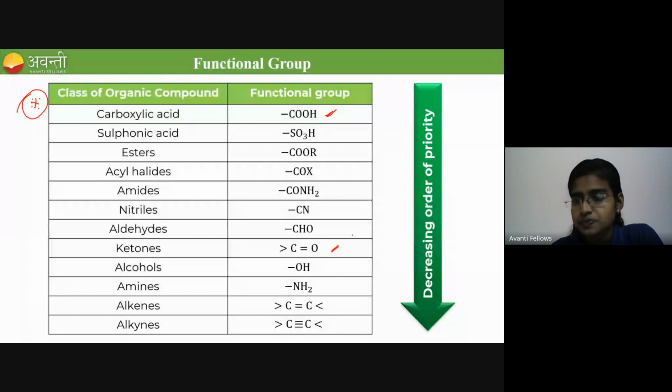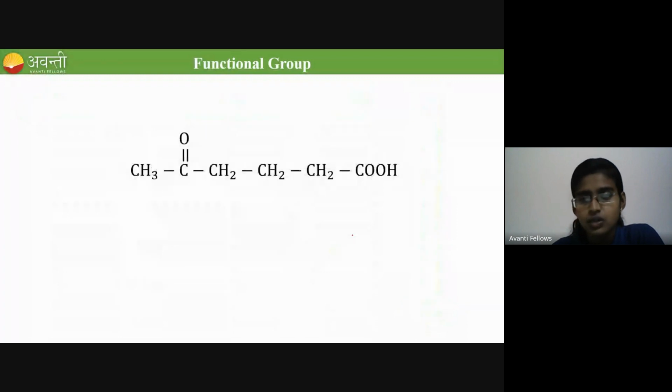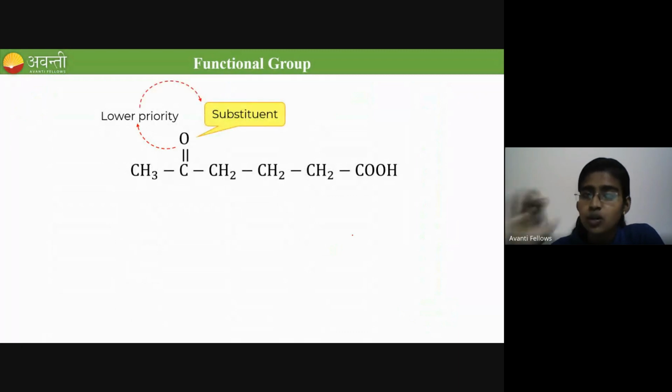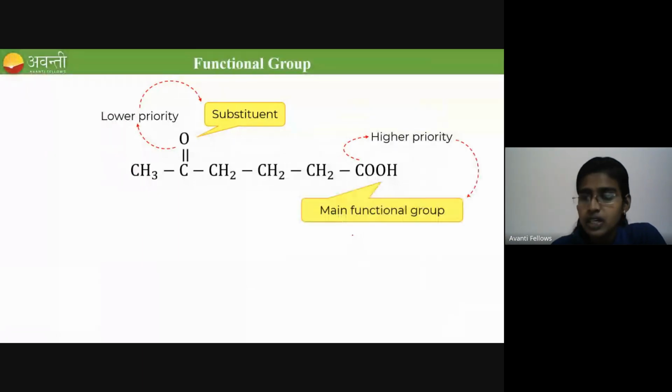Okay. So now the ketone is getting the lower priority. The one which is getting the lower priority acts as a substituent. The one with the lowest priority has to be given the prefix, and the one which is in the higher priority is the main functional group for the given molecule.